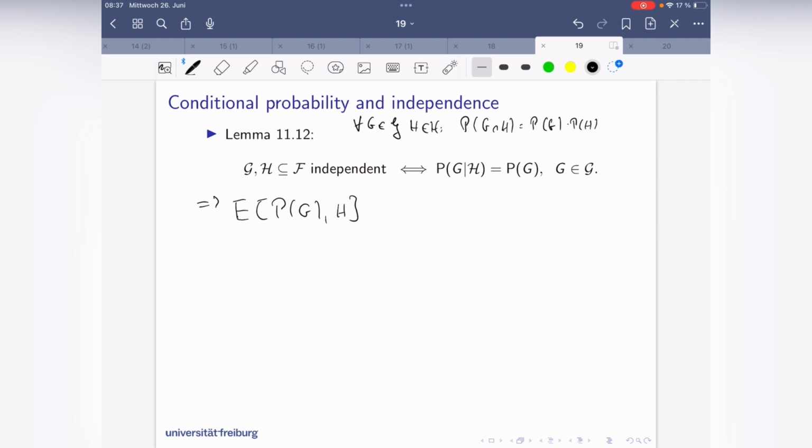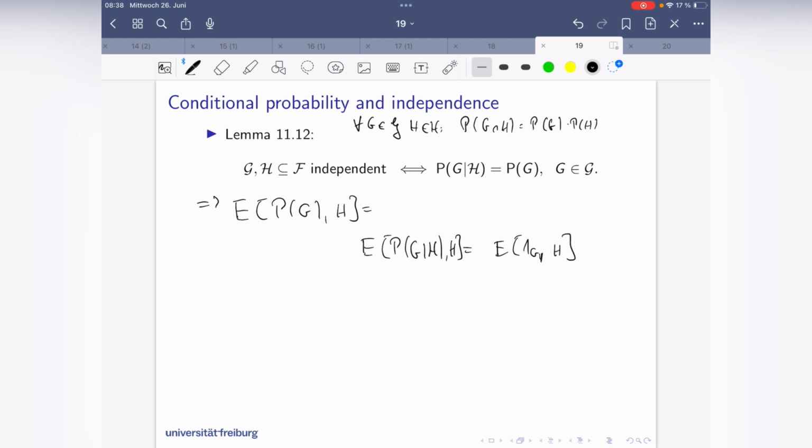So I have to show that this here is the same as the expectation of the indicator of G given ℋ on the set H. So, because then this here fulfills the defining property of this. And of course, this here is by definition the same as the expectation of the conditional probability of G given ℋ on the set H.